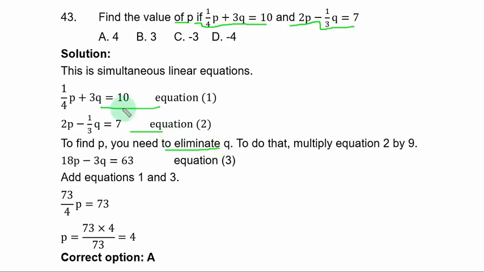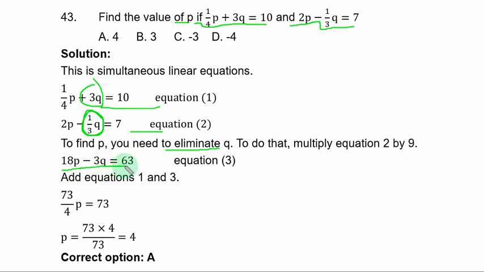Now to do that, Q must have the same coefficient in both equations. Now observe very well, it is easier to get 3 from here if you multiply it by 9. For that reason, you multiply through equation 2 by 9, and you have 18P minus 3Q equal to 63.